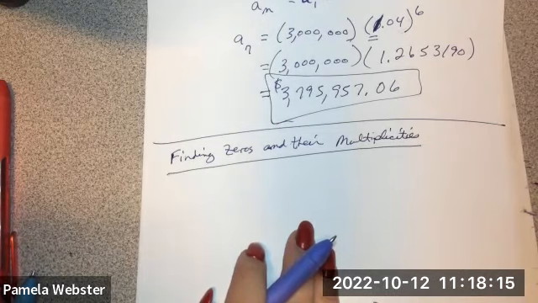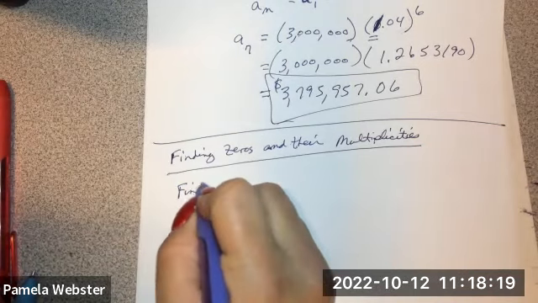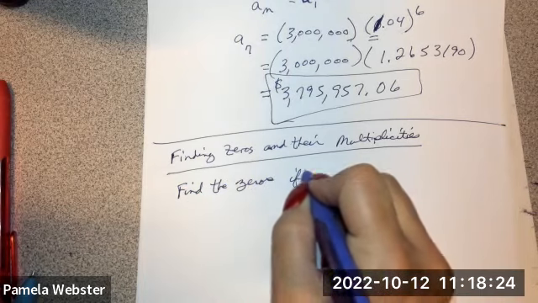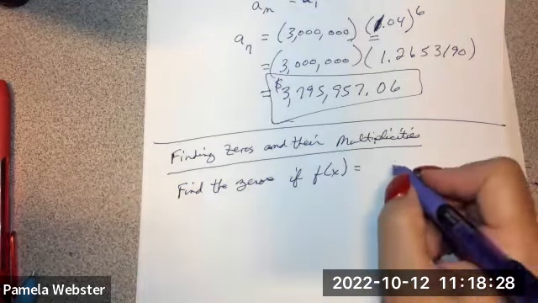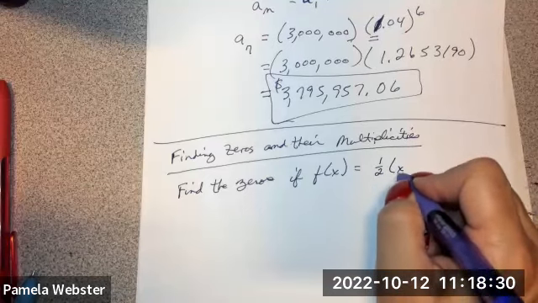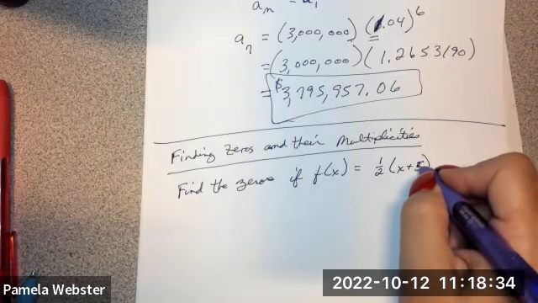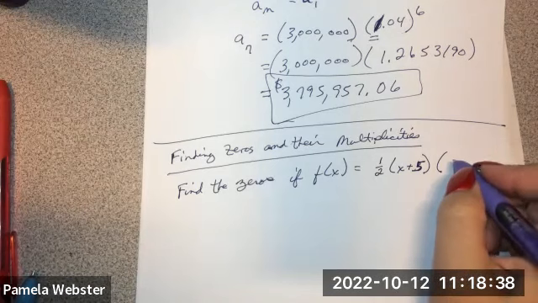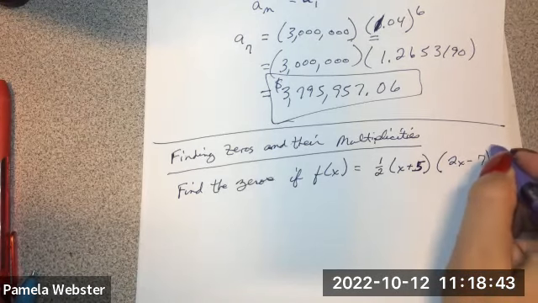Okay, so this particular problem says, find the zeros if f of x equals 1/2 times x plus 3 times, you know what, we've done several x plus 3s. Let's do an x plus 5 times 2x minus 7 squared.